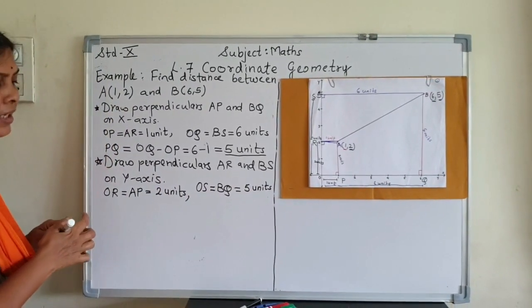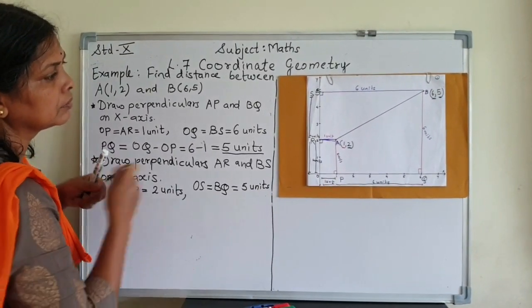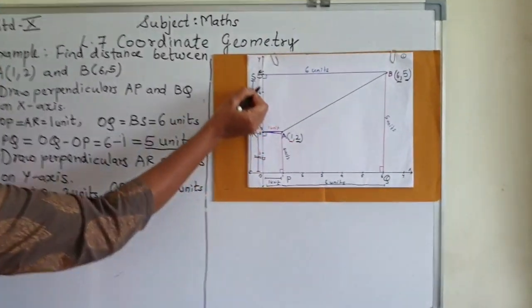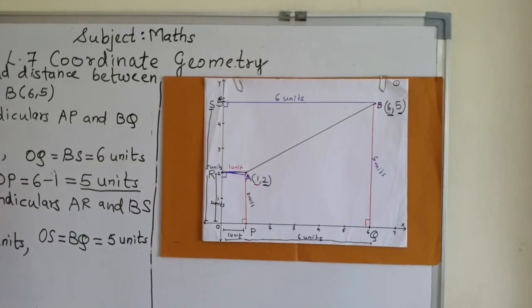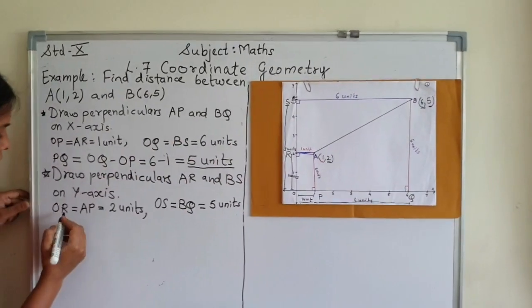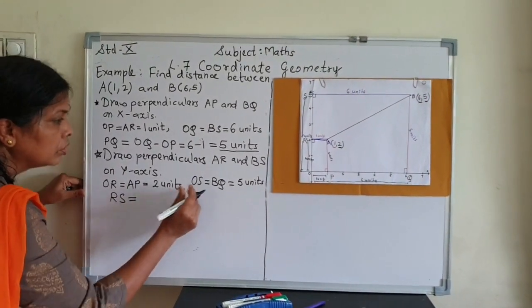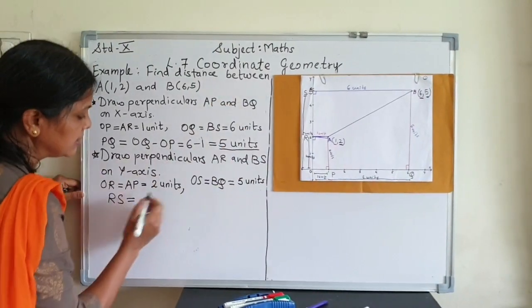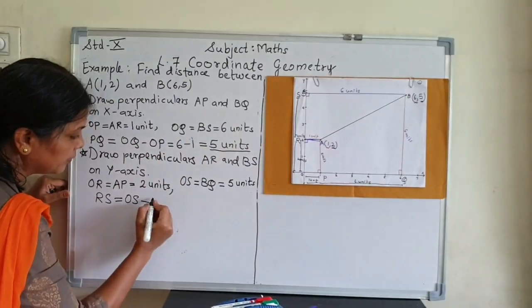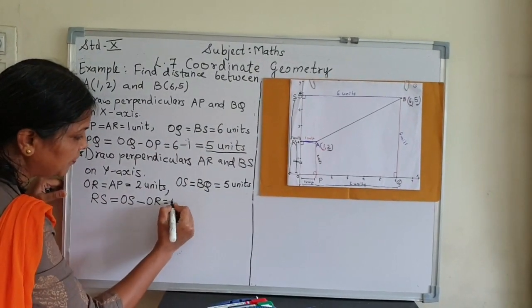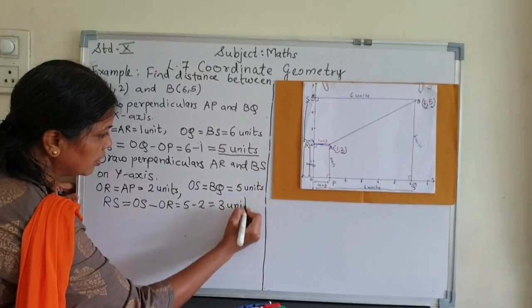So can we find the distance between this RS? So here we can find the distance RS is equal to this OS minus OR, which is 5 minus 2, 3 units.